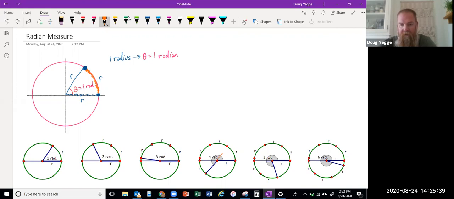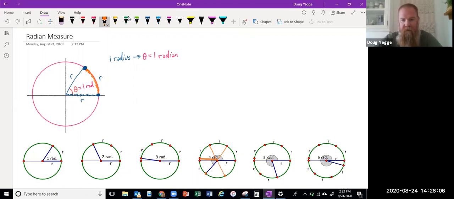So this is 1 radian, travel through to get another radian, travel around to get another radian, just above 180 degrees. So it looks like half of a rotation is a little bit bigger than 3 radians. And then we get to 4 radians. And 5 radians is going to be somewhere around down here.